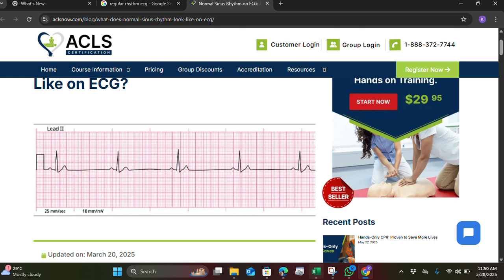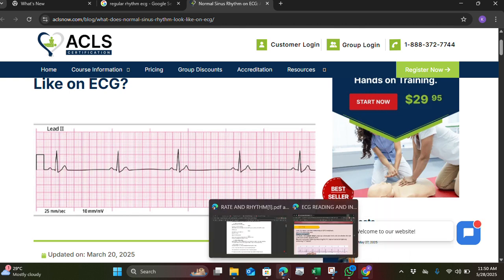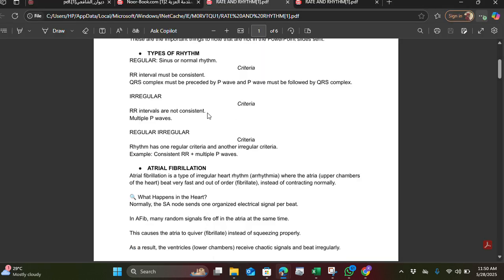Alright, so I told you here that QRS complex must be preceded by P wave and then P wave must be followed by QRS complex. Then I mentioned afterwards that it is more of P wave being followed by a QRS complex.